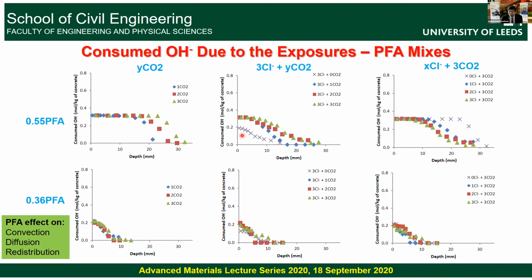And again, we are seeing the effect of chloride present before carbonation in the consumption of the hydroxyl ions. So the inference is we cannot just simply use a model for one type of concrete for predicting the service life of another concrete. It has to be by taking account of the material, the cementitious material used in the concrete.